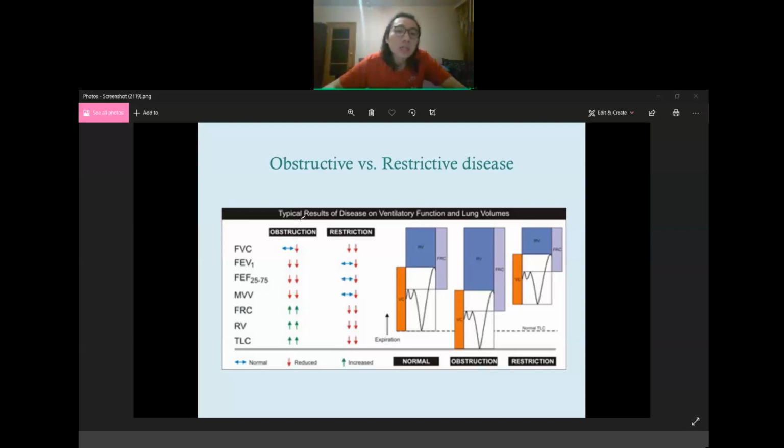Earlier on, I mentioned that if your FEV1 to FVC ratio decreases, that is already obstruction, right? But essentially, the difference between obstructive and restrictive lung diseases is that patients with obstructive lung diseases complain of shortness of breath, dyspnea or SOB.